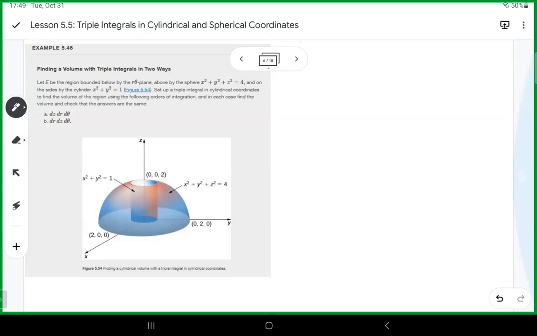So then they give you a visual. Set up a triple integral in cylindrical coordinates to find the volume of the region using the following orders of integration, and in each case find the volume and check the answers are the same. Okay, so it looks like it gave us two sides for this, so that's a good thing.